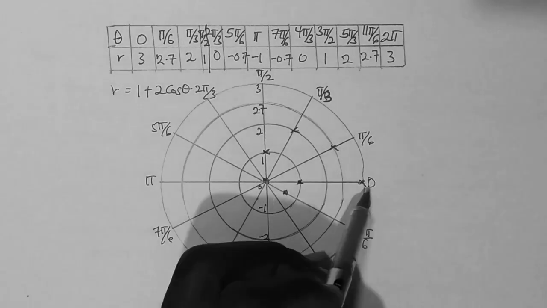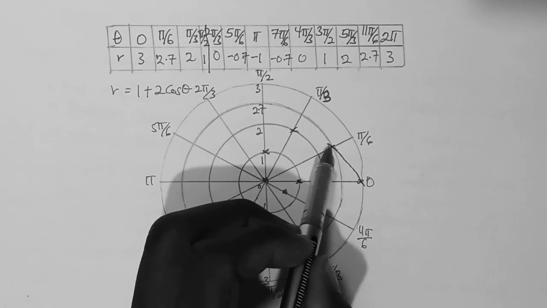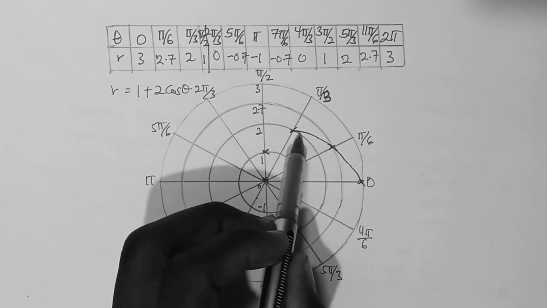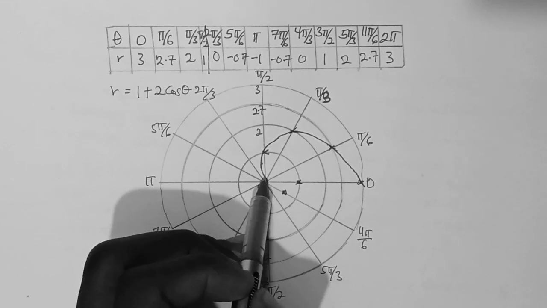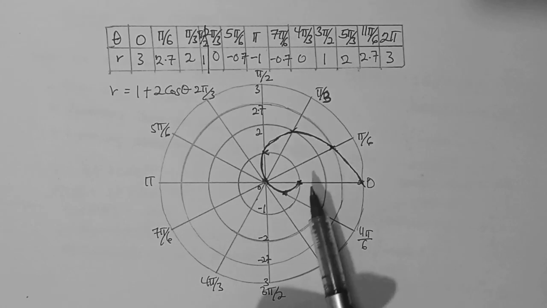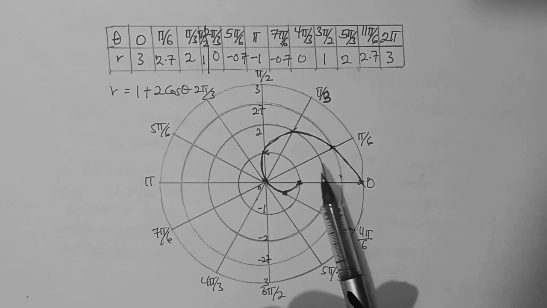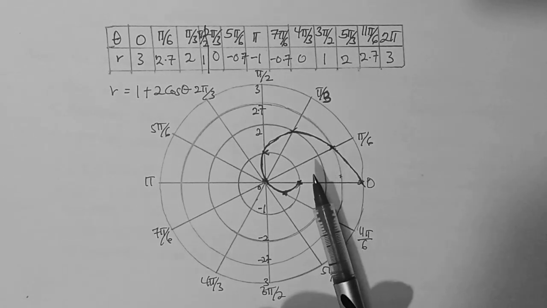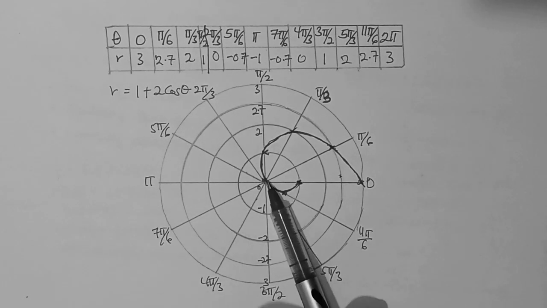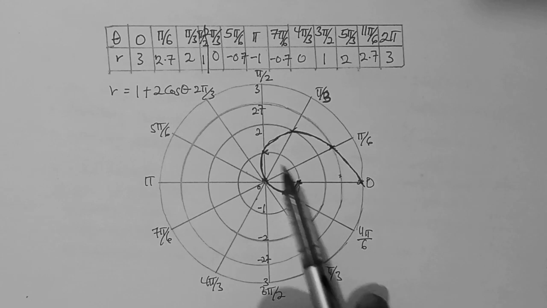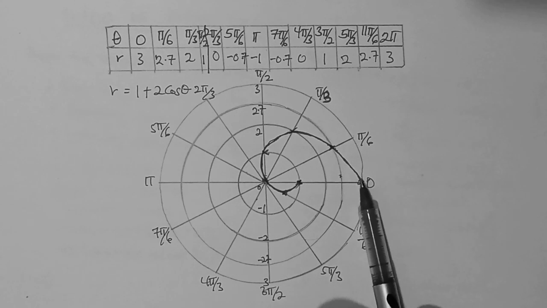At this point, let's draw the curve that we've plotted so far. If we join these points, this is how it will look. However, we have already established that this graph is symmetric about the polar axis, and this is the polar axis. So it means that what is here, we need to draw a symmetry on top. And this graph that is here, we need to draw a symmetry at the bottom.